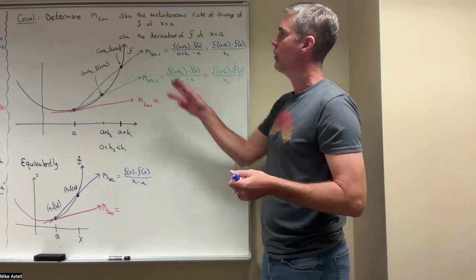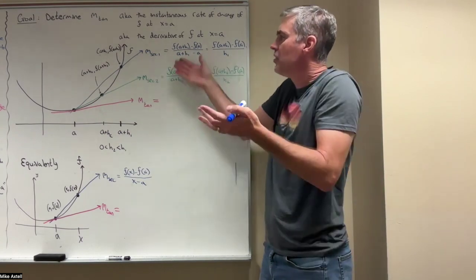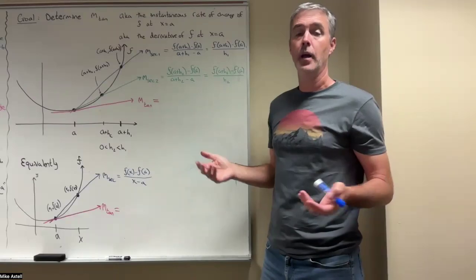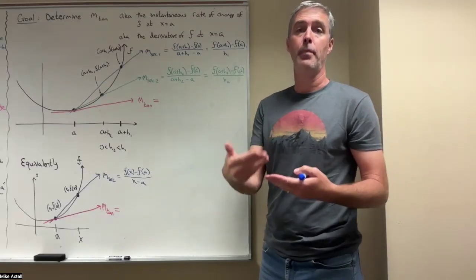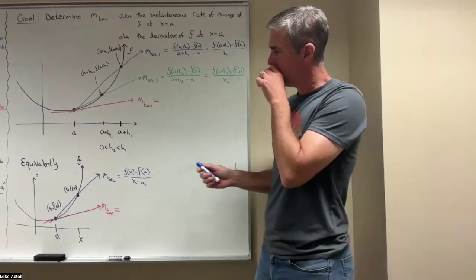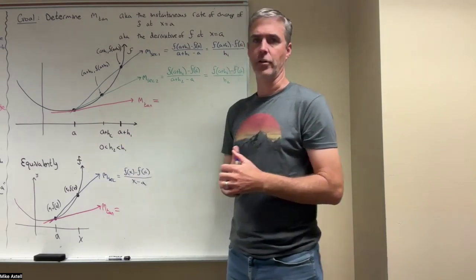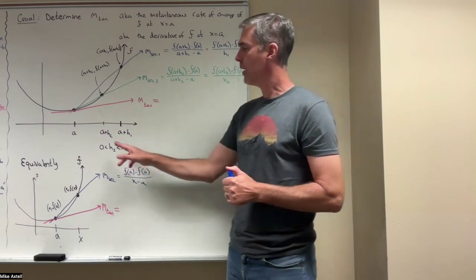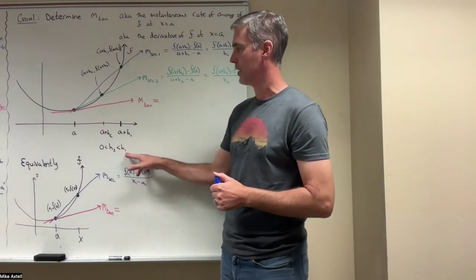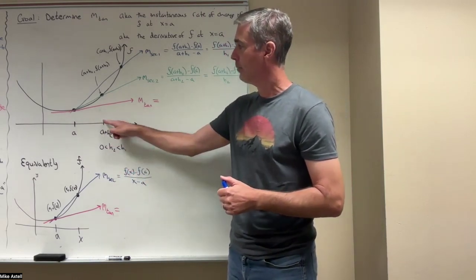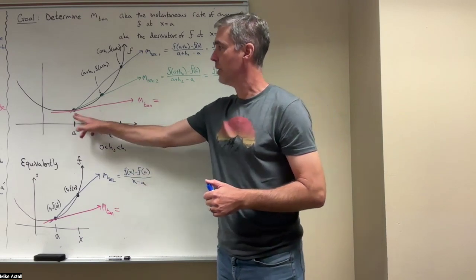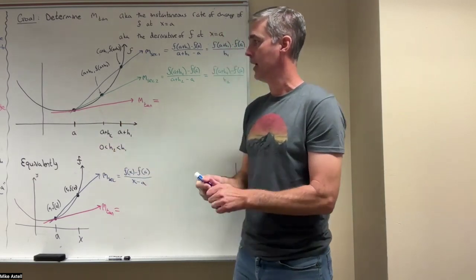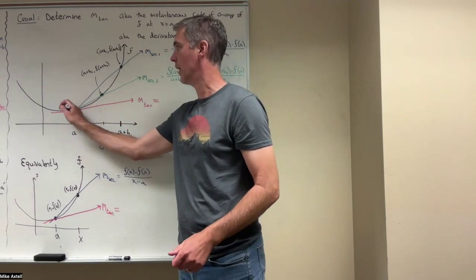All right, and then I can say, well, hey, the slope of this secant line is close to the slope of the tangent line. But I could probably do better, by picking a smaller value for h than I did for my first h, okay? So maybe I'm going to pick an h2 that's less than h1 and plot a plus h2. This would be a point that's closer to (a, f of a).